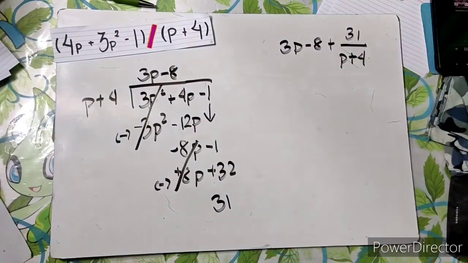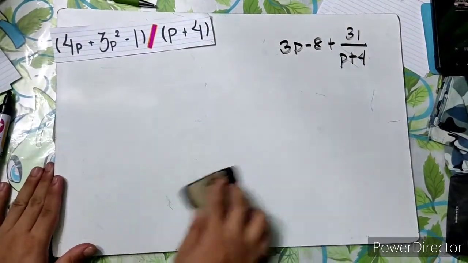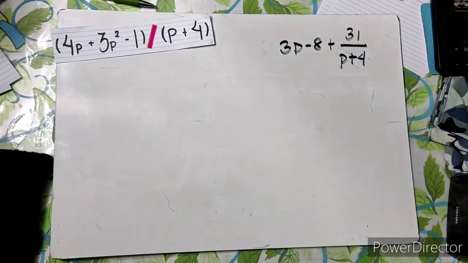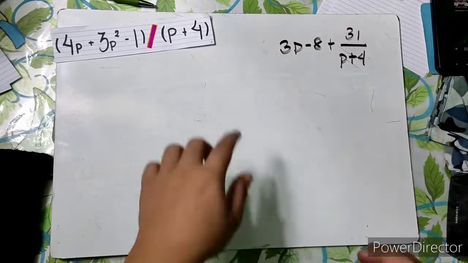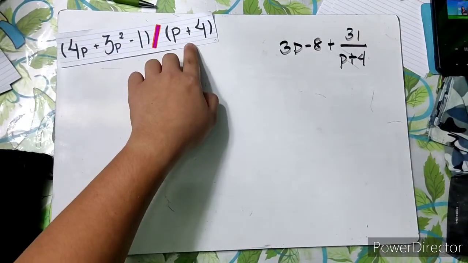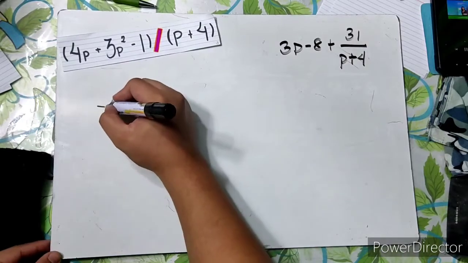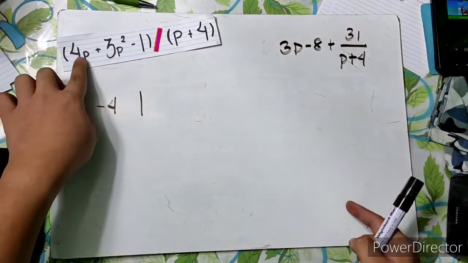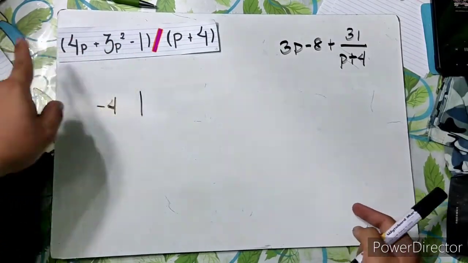So what's the other method that I've been telling you about? I know you still remember, or it is familiar to you, synthetic division. In synthetic division, we just change this sign into negative 4. We put that there, and we just need the coefficients in arranged form.